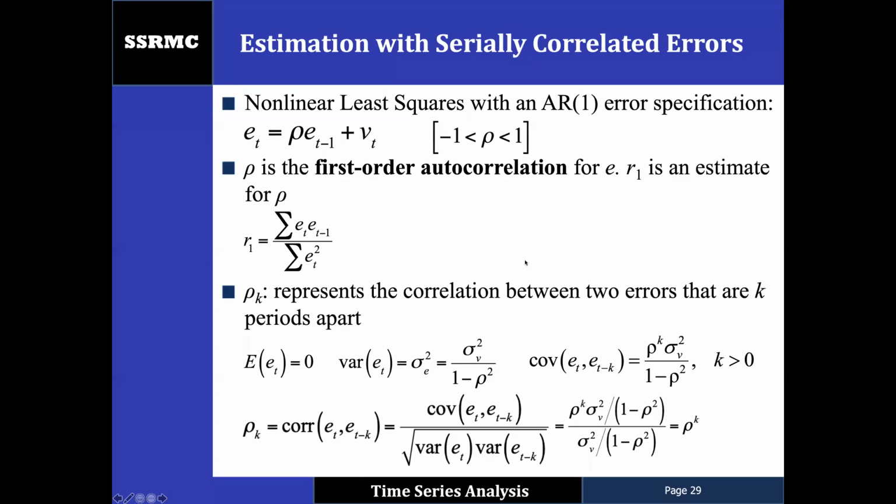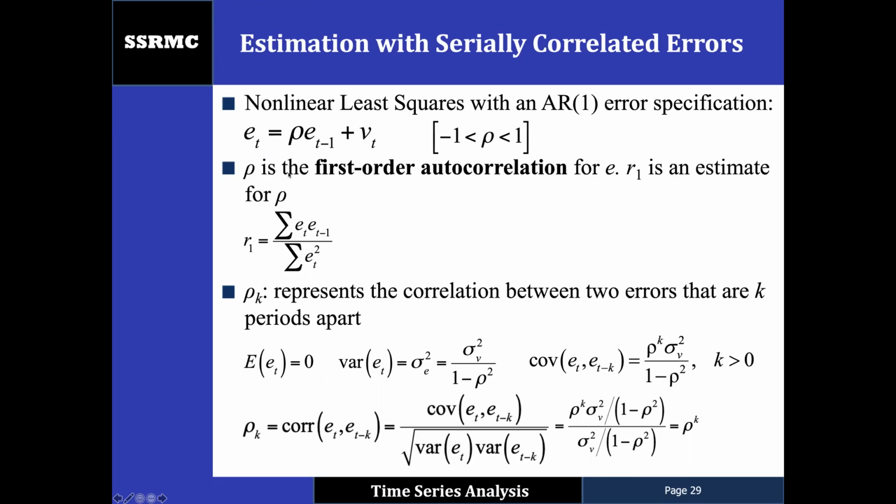The second approach is to use a nonlinear least squares method, but with an AR(1) error specification for the error term, which means we assume that there's only a one period lag effect in the error term, and that is controlled by rho, the correlation coefficient between e_t and e_t minus 1.